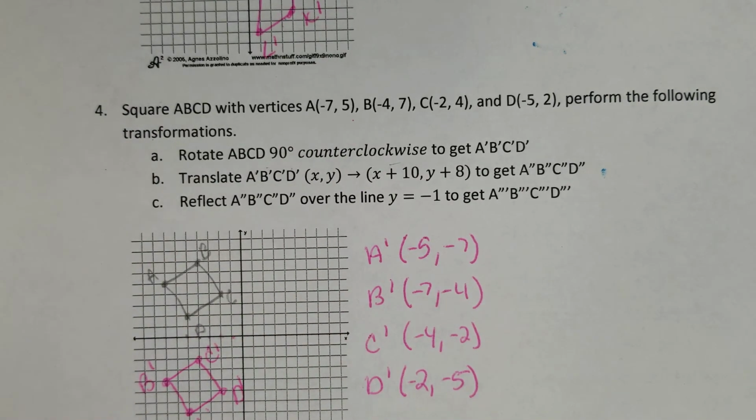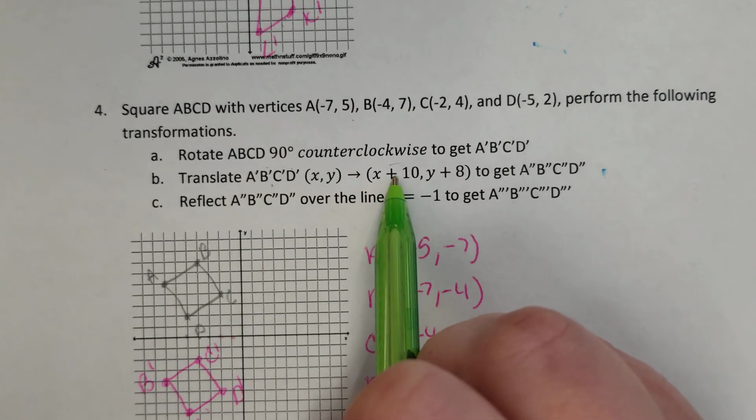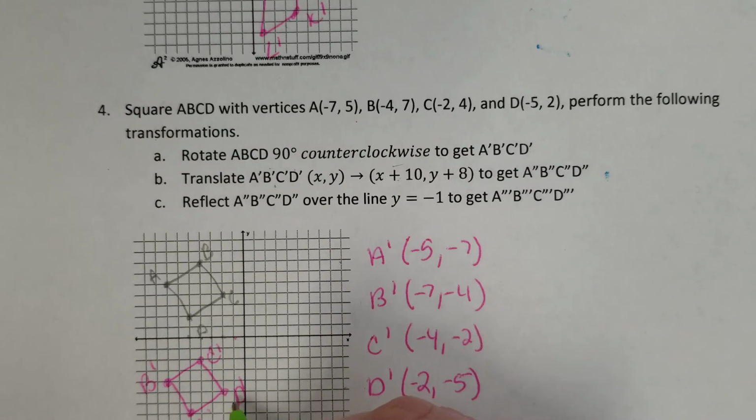All right, so our next one, we are translating the prime shape +10, +8. So we're moving this 10 to the right and then up 8.